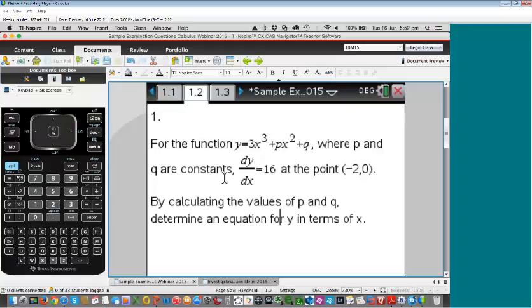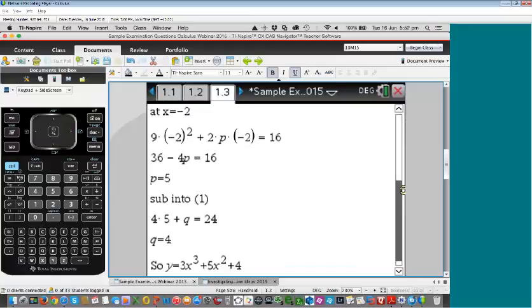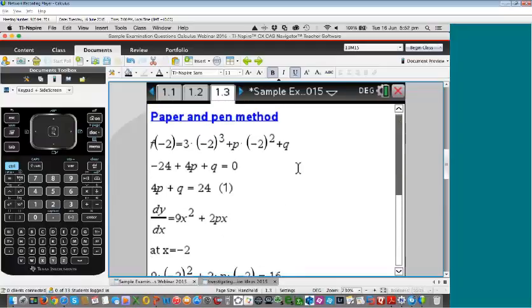So one of those kind of questions where obviously the students would have to go through, do some work, set up some simultaneous equations, and then use their knowledge to solve and come up with the final solutions. So what I've done on 1.3 is I've actually looked at the traditional approach, a way of going through, what I've called the paper and pen method.